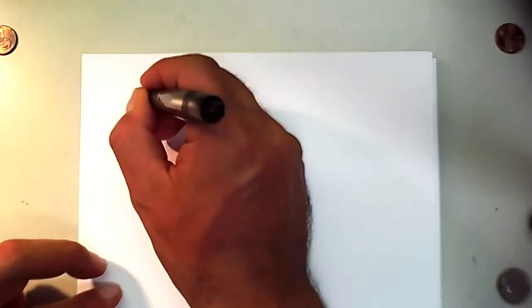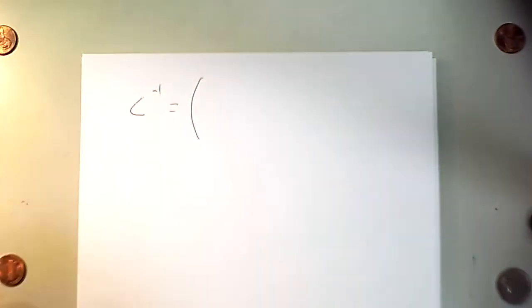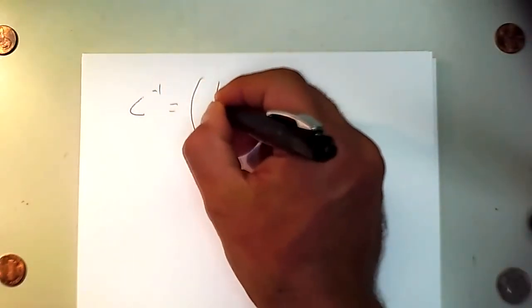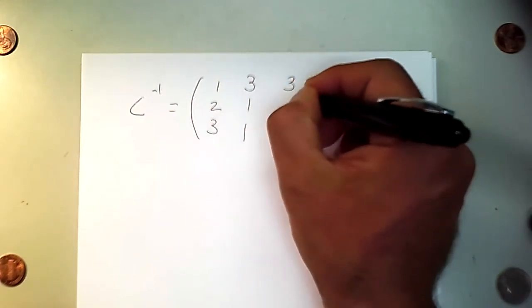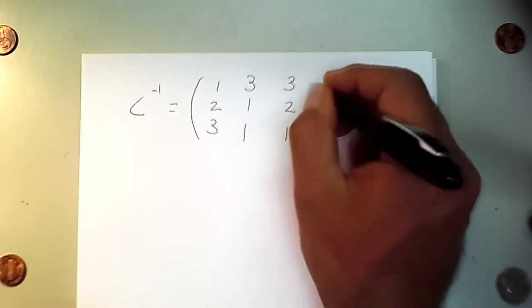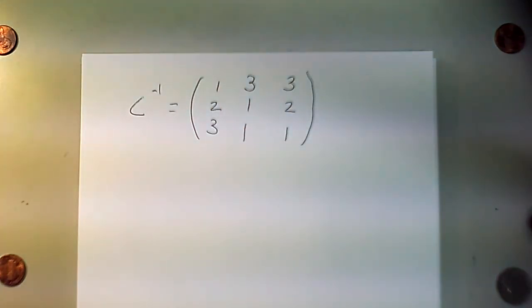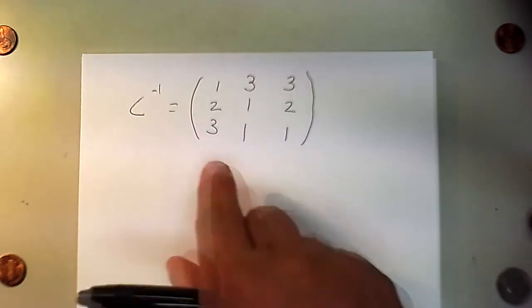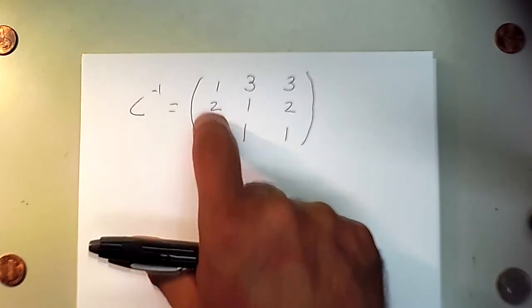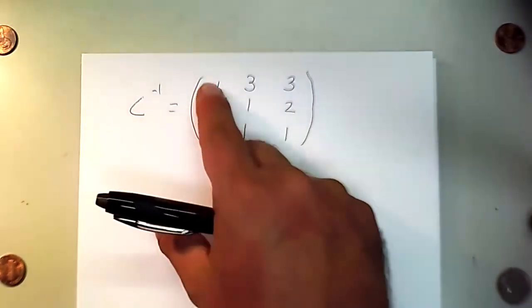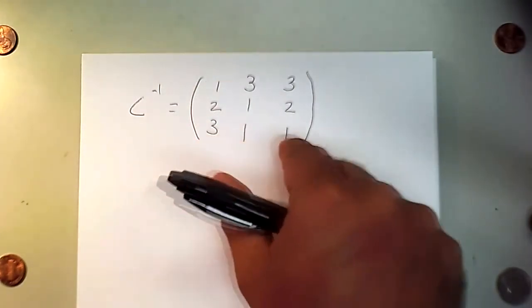So the inverse is, let me double check with my notes, 1, 2, 3, 3, 1, 1, 3, 2, 1, which is made up, after we compute this exactly, by the column vectors of the weird matrix.